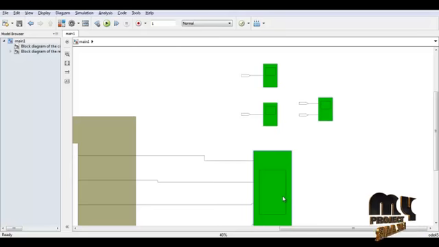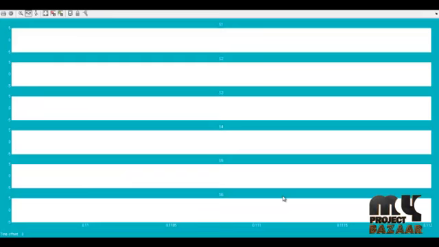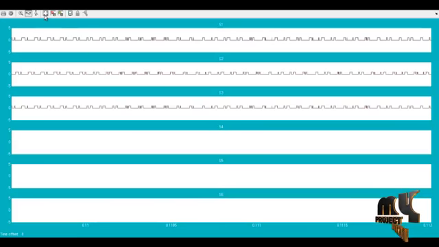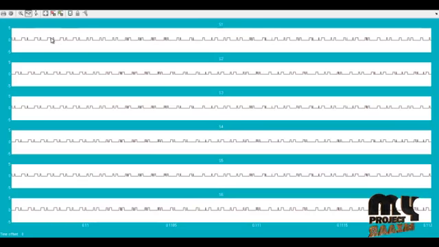And another thing, these are our switching pulses. The switching pulses have different duty cycle ratios, and when one switch is on, another switch is automatically off.